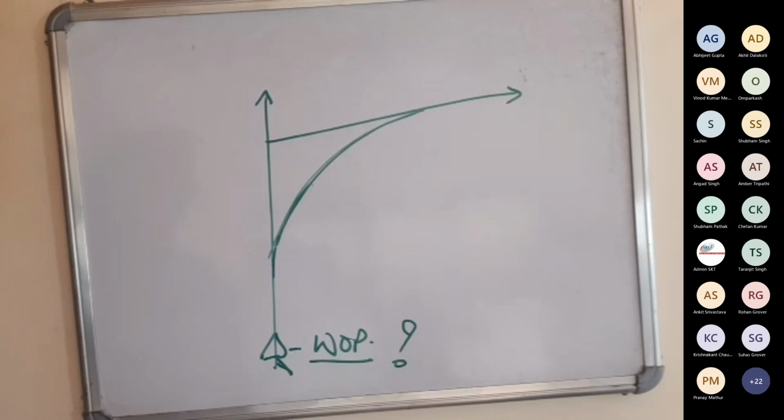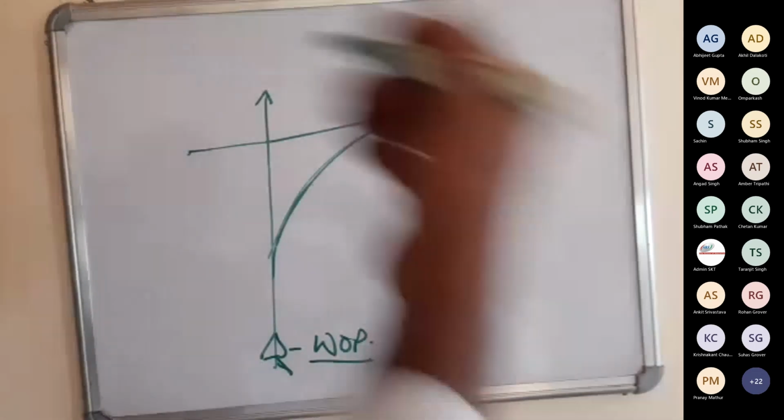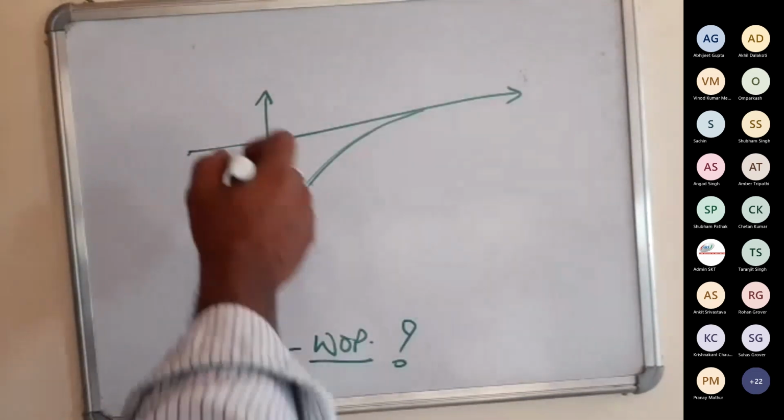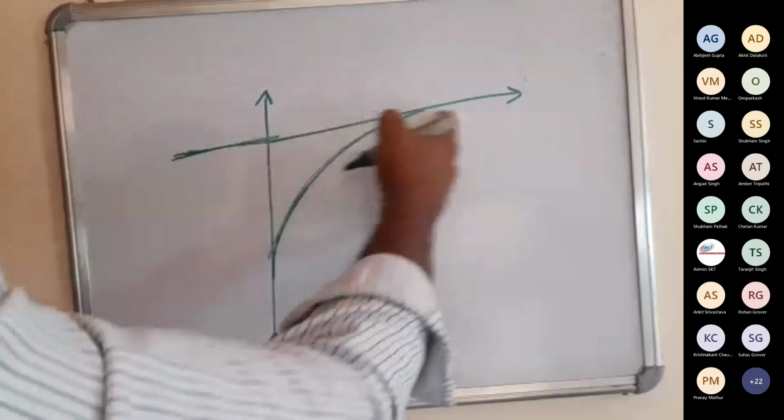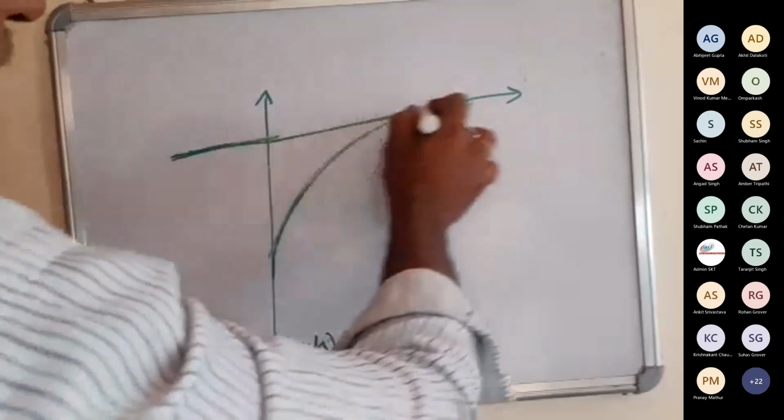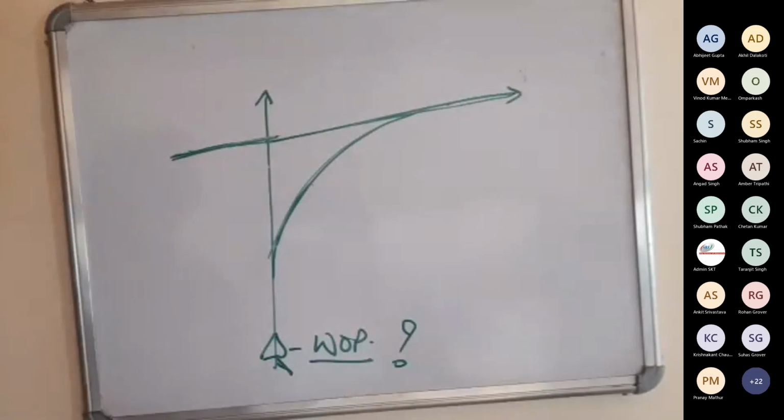So for that we have something called wheel over line. Now what is wheel over line? Wheel over line is a line parallel to the final course.